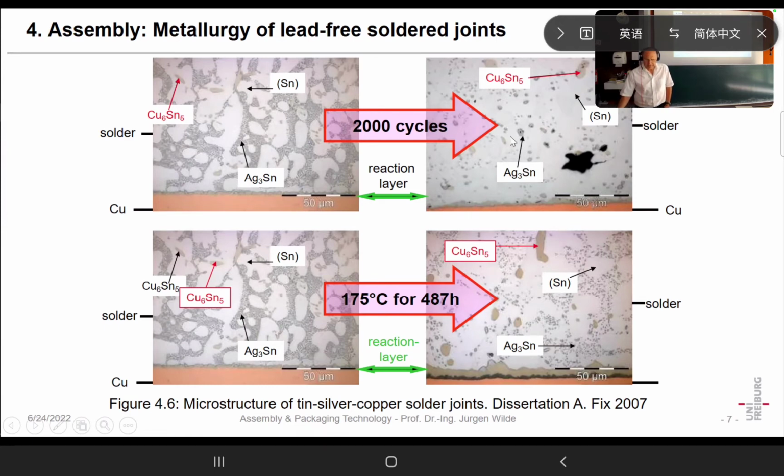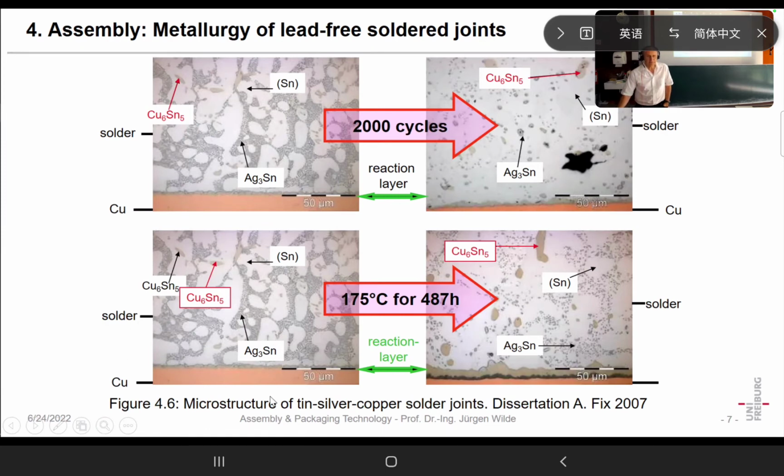So cycling is more the reality. And so we can see it does lots of change. And of course, the solder must still work and be strong enough after such changes of microstructure.